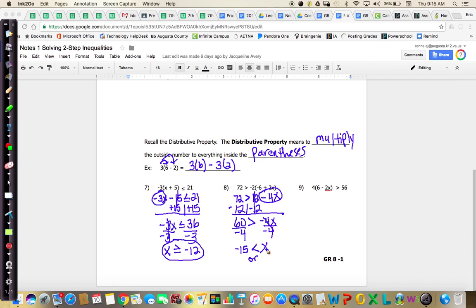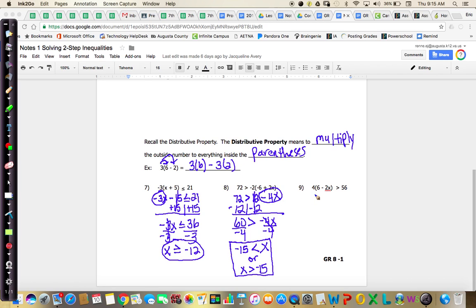If I read this backwards, I say that x is greater than -15. And those two inequalities mean exactly the same thing. Even if I go back to the previous problem, it's written the correct way, but I can also read it backwards and write it another way: -12 is less than or equal to x. So it's important to know that there are two ways to write an inequality, and both answers are mathematically correct.